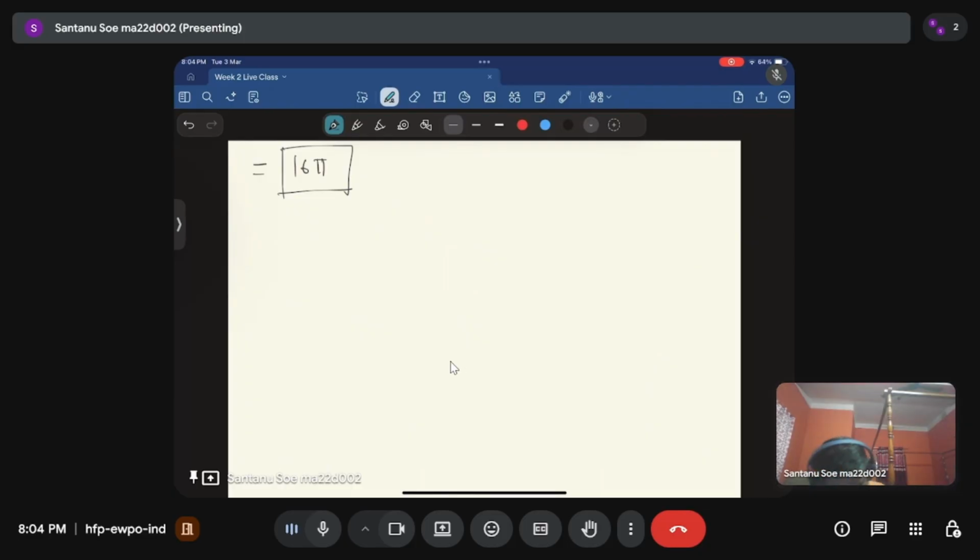Now we gotta do the next question, which is question number 11. Now this is a very good question from directional derivative.